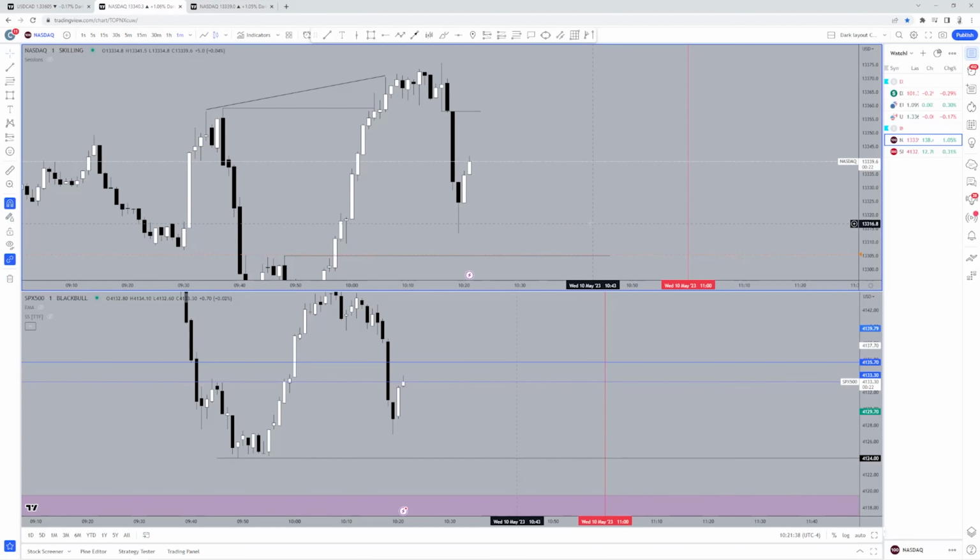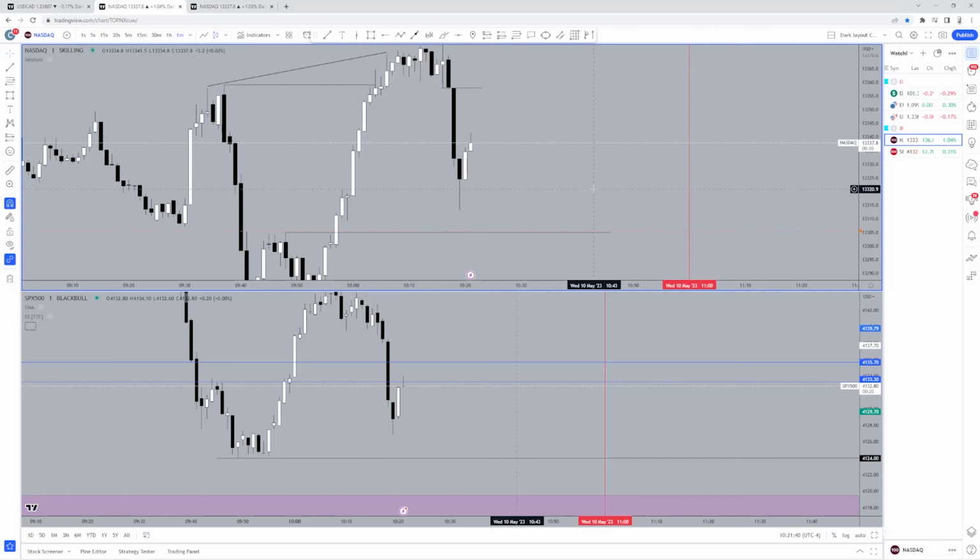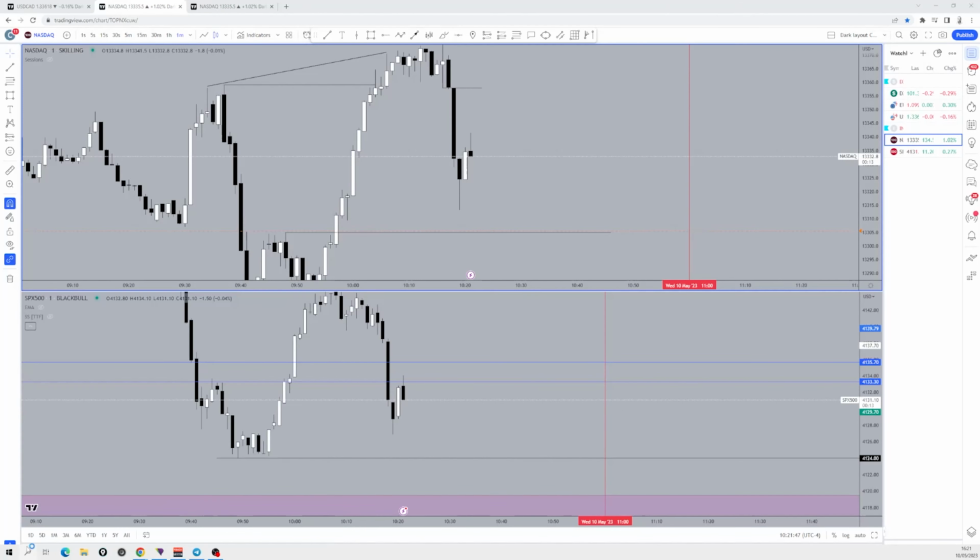I just have another alert to see how it reacts from this breaker block. I'm gonna announce it on Discord.